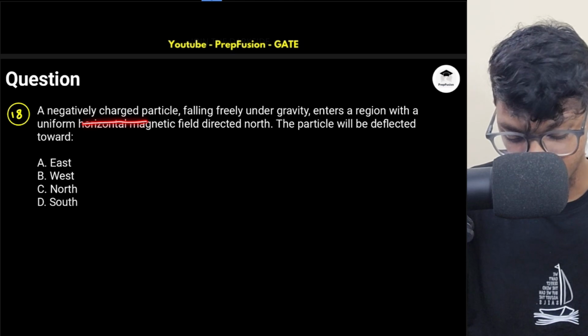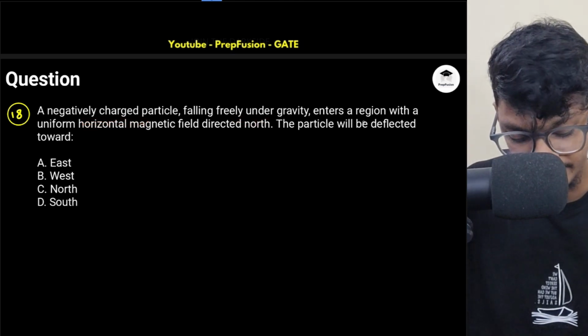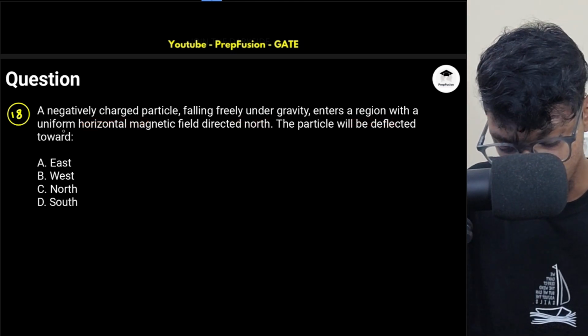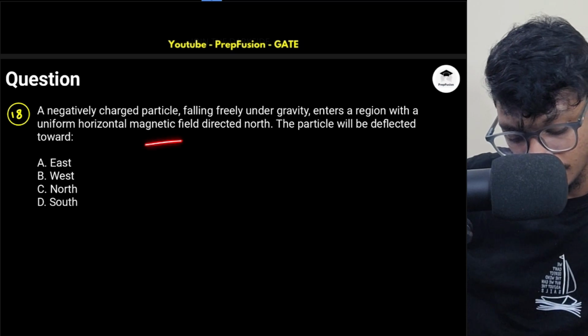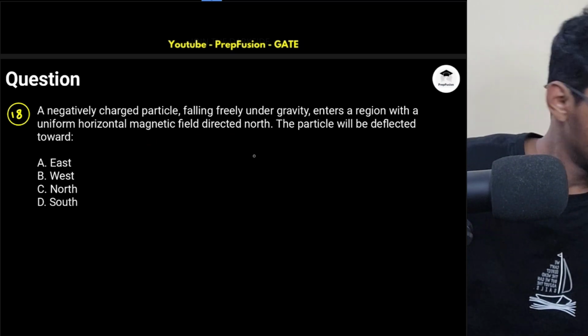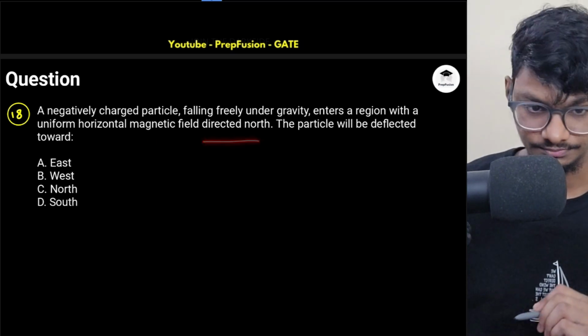A negatively charged particle falling freely under gravity enters a region with a uniform horizontal magnetic field directed north.